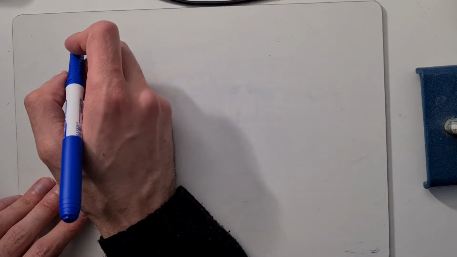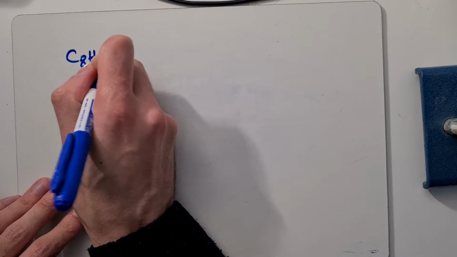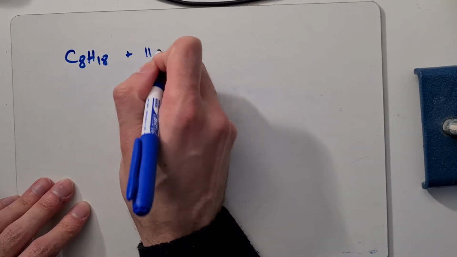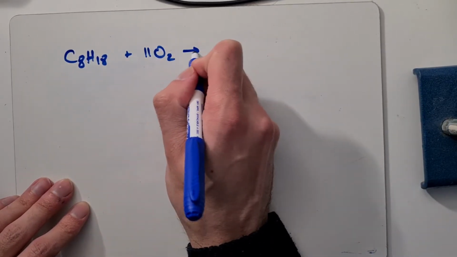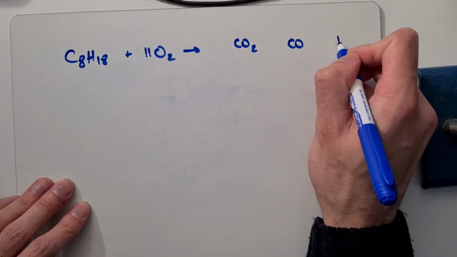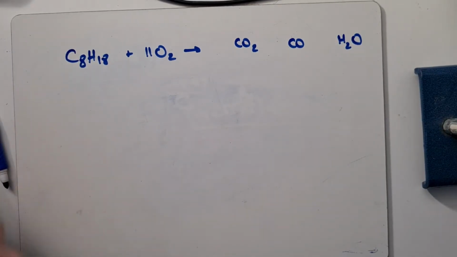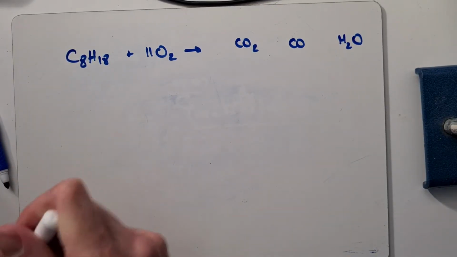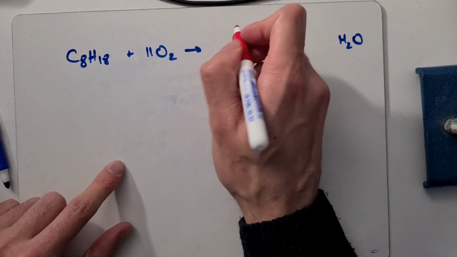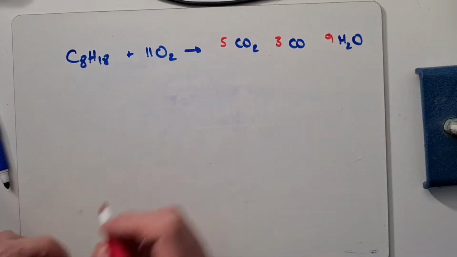5. Which numbers are needed to balance the following equation? C8H18 plus 11 O2 goes to CO2, CO, and H2O. With this, we can put each option in and do it by a process of elimination. 5, 3, 9, we can see if that fits.